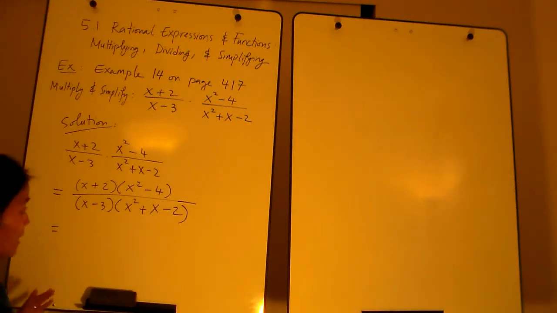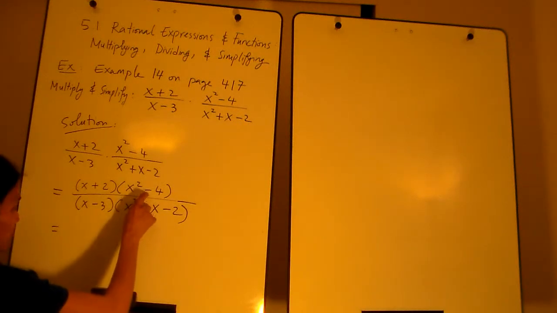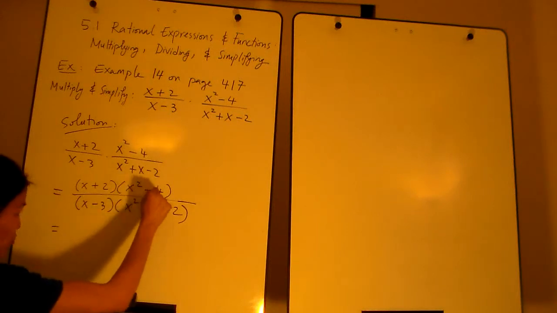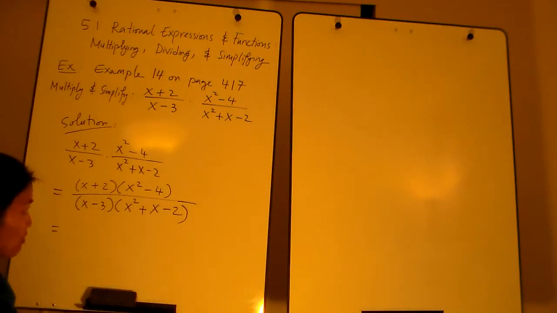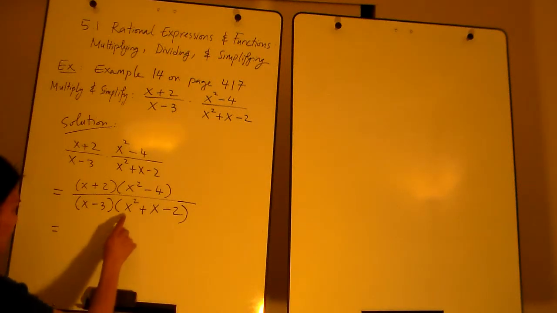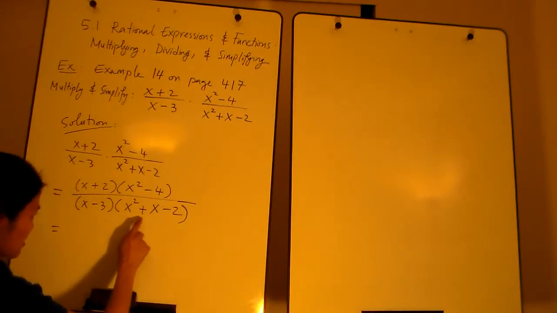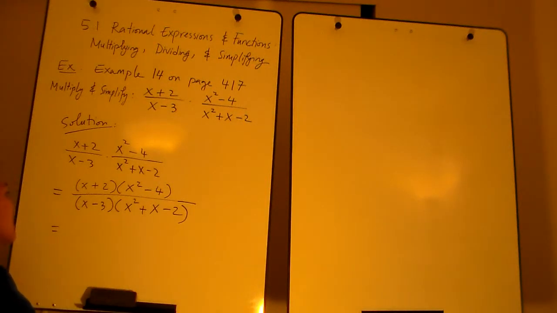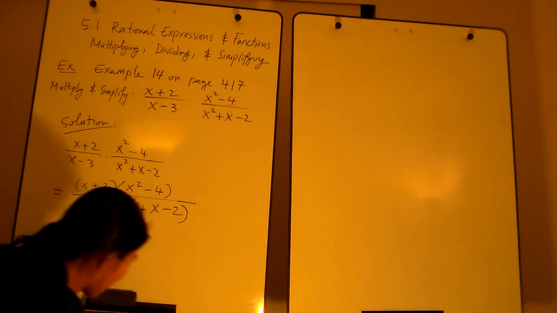It looks like it, but if you look carefully, x squared minus 4 has not been factored completely yet. That means you can still factor x squared minus 4 into more factors. And look at this trinomial, x squared plus x minus 2, you can still factor this trinomial, okay?